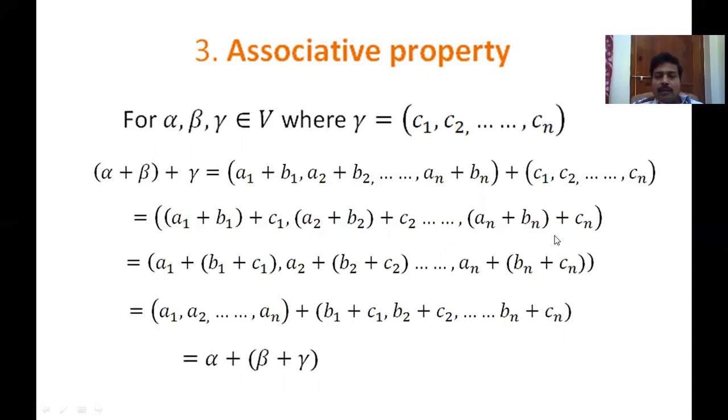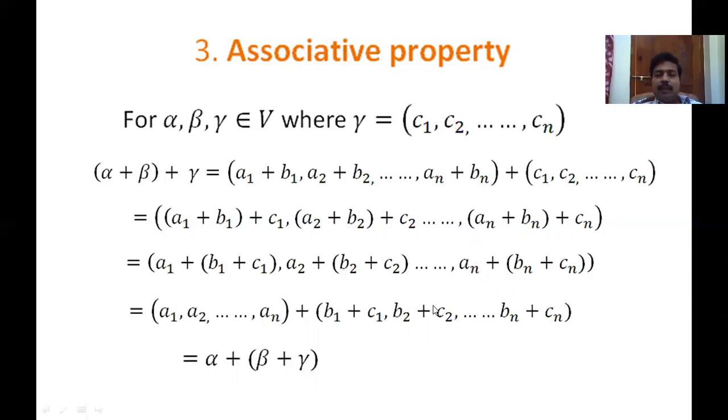But in real numbers, associativity holds. So by associativity of real numbers, we can write it as a1 plus (b1 plus c1), since these are all real numbers. Similarly, this can be written as a2 plus (b2 plus c2), and so on.